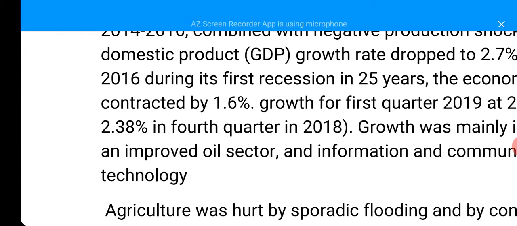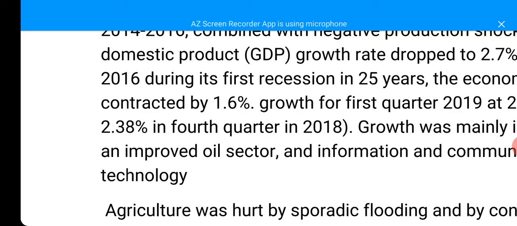So it means that in 2016 the growth rate dropped by 1.6%. So in 2017, between 2016 and 2018, it rose again to 2.38%. So there was an improvement in the GDP between 2017 and 2018.